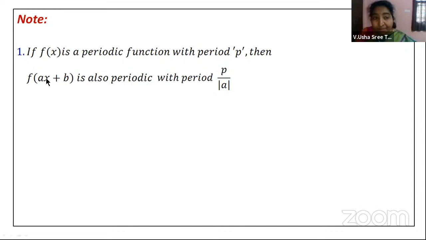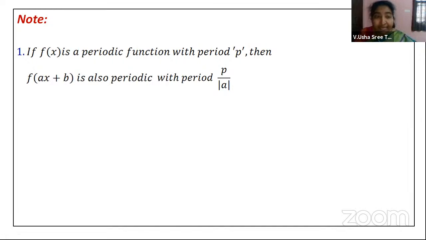That means, did you observe this? You are taking the coefficient of x only. F of x is periodic, then f of ax plus b is also periodic. But we are not considering this plus b part. We are more interested in a into x only. So the period of this type of function will be taken as p by mod a.